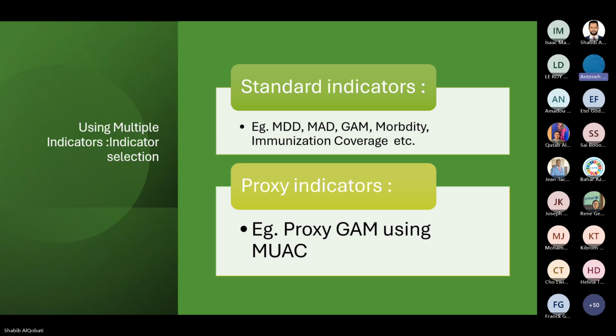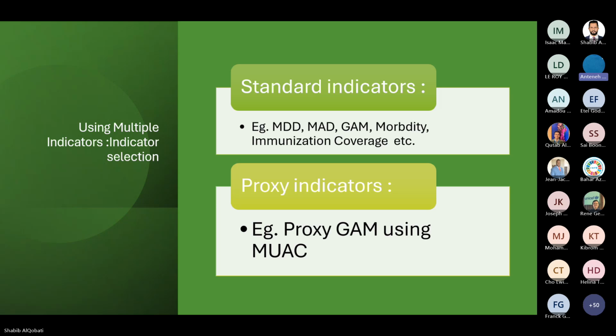For those of you familiar with the GNC guideline, you know that we have a reference table which lists the HNO, HNRP indicators and the different severity thresholds. This, for example, includes MDD, minimum dietary diversity, minimal acceptable diet, GAM, morbidity, immunization coverage, and so on.